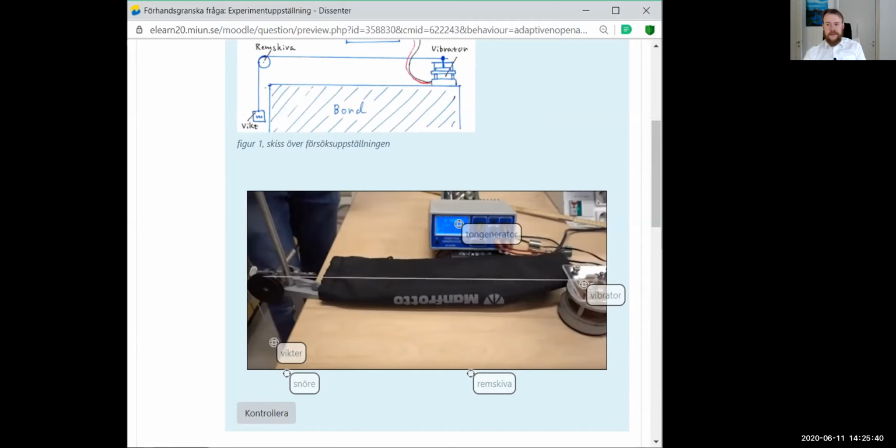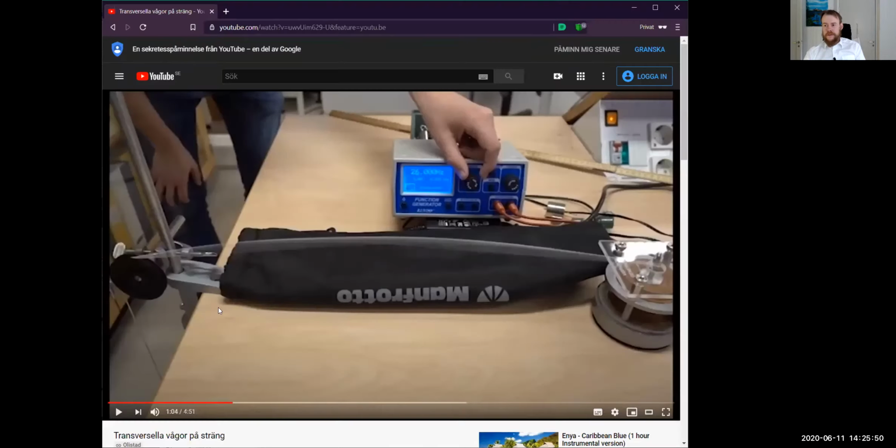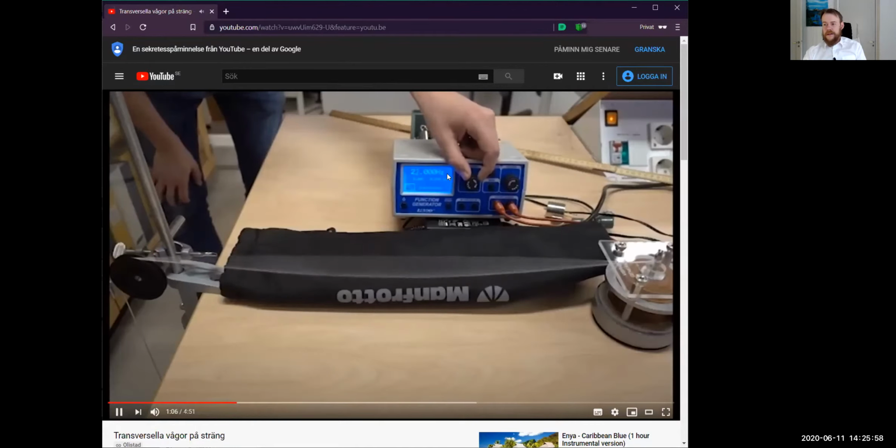After they've done these things, they come to the movie session. I will show you that. This is the movie session. Here you can see the same thing as the picture you saw before, but now it's a movie, and you can see the operator turning the frequency on the signal generator, and it arranges different types of standing waves.